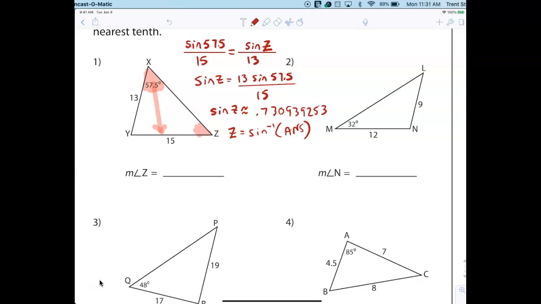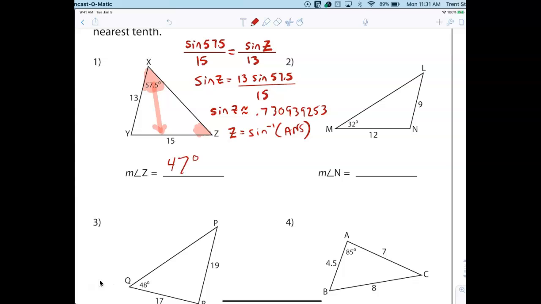You can use the answer button on your calculator. You can push the up arrow and hit enter, or hit second answer and it'll fill it in for you. So angle Z is approximately what? If we round it to the nearest tenth, 47. I think it's 47 degrees.